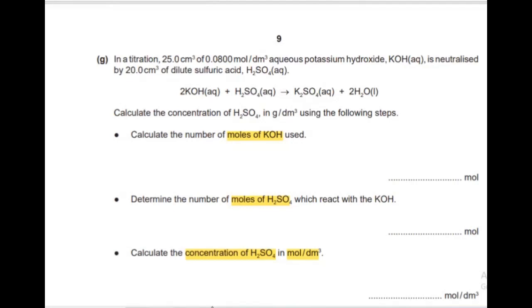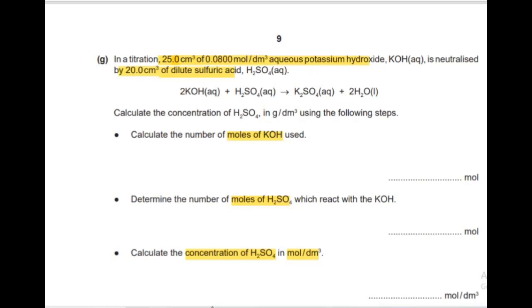Here we have another question regarding the number of moles. We have the data regarding the titration. 25 centimeter cube of 0.80 mole per dm cube aqueous potassium hydroxide is neutralized by 20 centimeter cube of dilute sulfuric acid. This is the reaction between these two compounds.